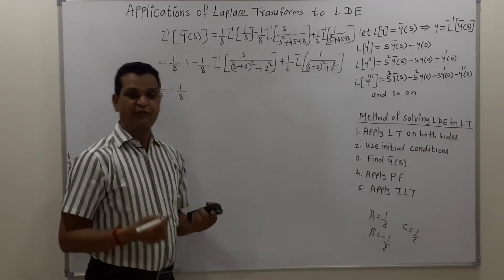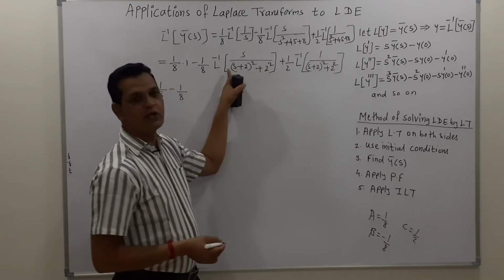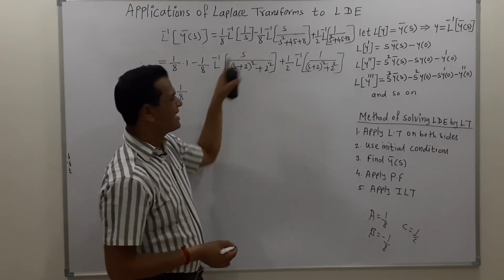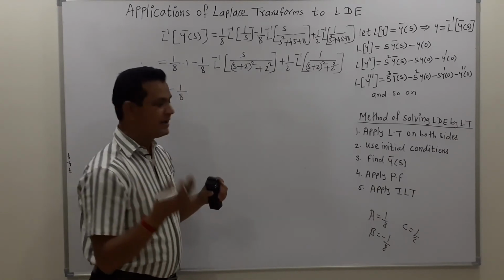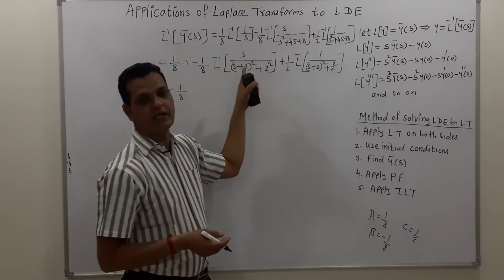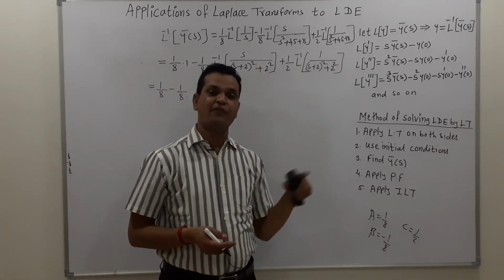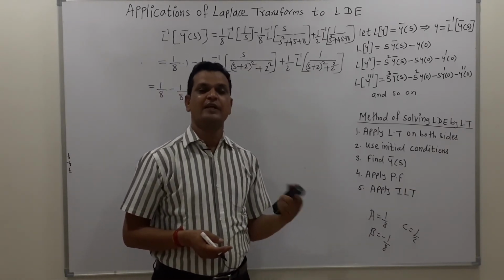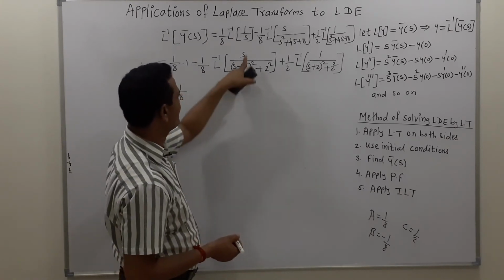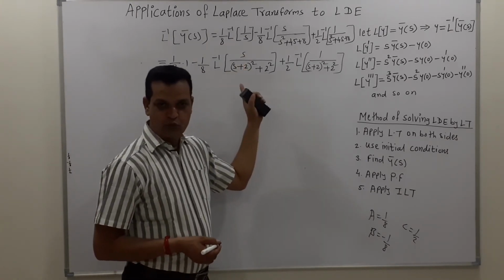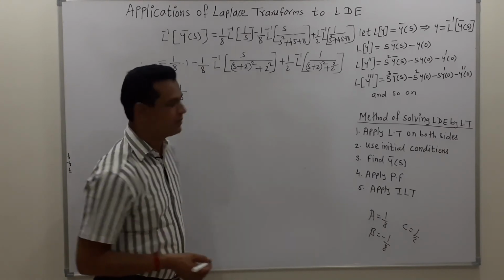Now to apply the shifting theorem, here 2 is added to the parameter s, but s is also present in the numerator, so we can rearrange this equation in such a way that we can apply the concept of the second shifting theorem for the inverse Laplace transformation. For applying the second shifting theorem, we have to add plus 2 in the numerator and subtract 2 from the numerator.